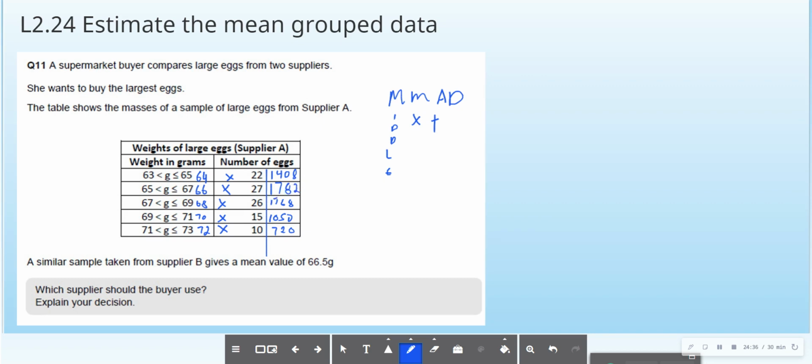Okay, so I'll start again. 1408 plus 1782 plus 1768 plus 1050 plus 720, which gives me a total of 5728. Even if I had made that mistake in the exam, you just lose 1 mark for accuracy. If you carried on, even oblivious of that mistake, you'd still probably get all the marks but 1.